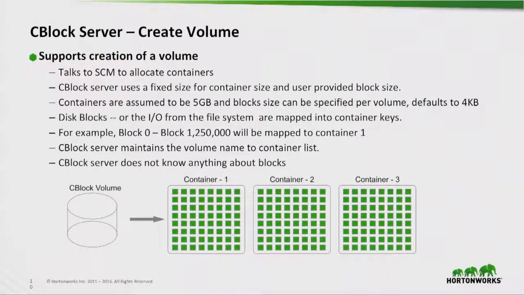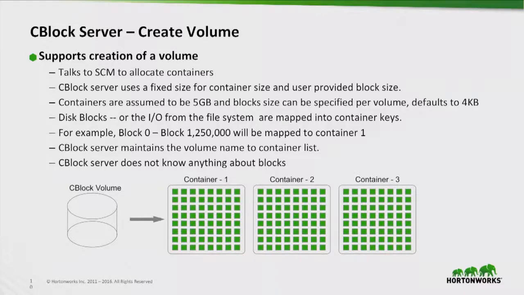So here is a simple workflow for creating a volume on the CBlock server. What's happening here is the CBlock CLI talks to the CBlock server to allocate the containers.